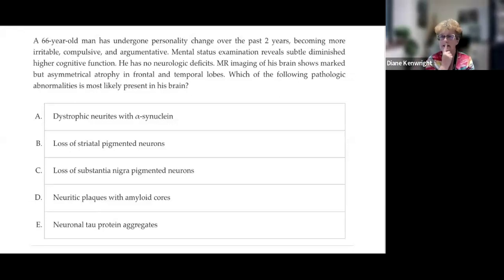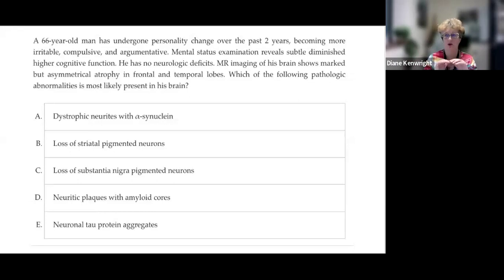So what are we thinking this is? We are thinking that this is probably a frontotemporal dementia. So what gives rise to frontotemporal dementia? Well, Pick's disease, for example, we know has Pick bodies, and they're caused by tau protein. So that's the kind of reasoning that you need to be able to go through.